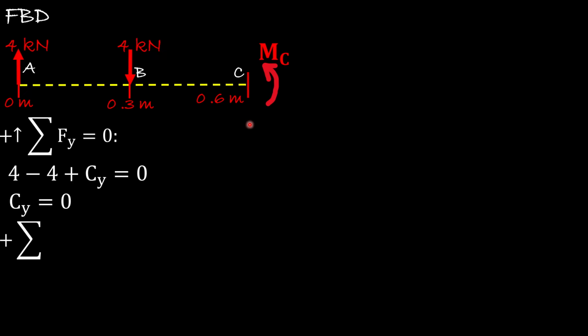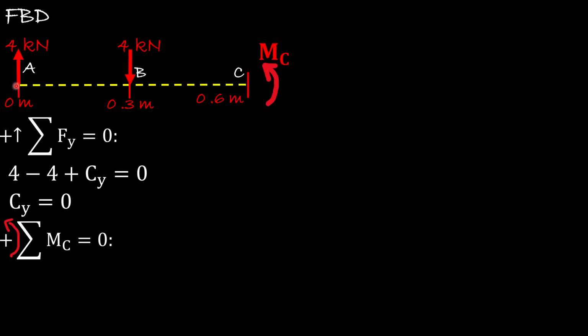Next, we will take the sum of the moments at C, where counterclockwise is positive and clockwise is negative. Remember that a moment is force times the perpendicular distance to the axis of rotation, and in this case it is at C, where we are taking the moment.